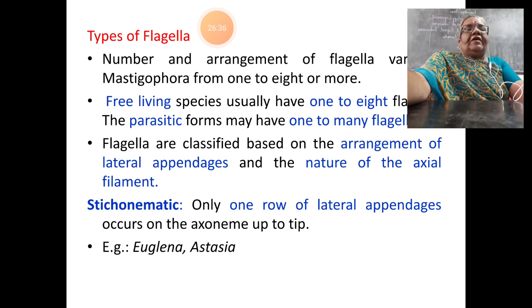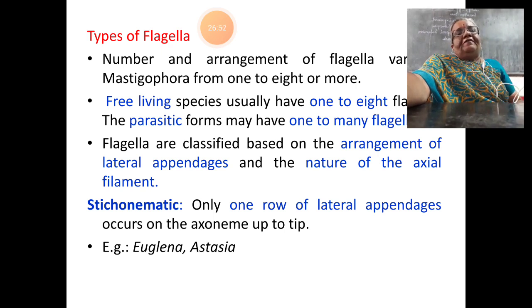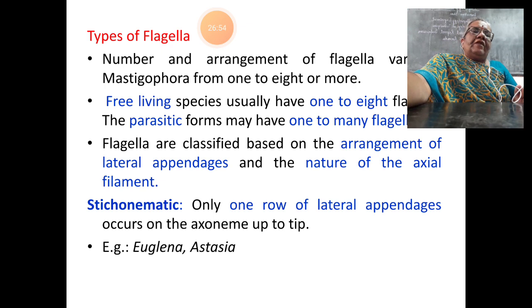But the parasitic forms may have 1 to many flagella. So, the number of flagella varies in different mastigophora from 1 to 8, or even more if it is a parasite. Then, flagella are classified based on the arrangement of lateral appendages and the nature of the axial filament. Now let us study this.